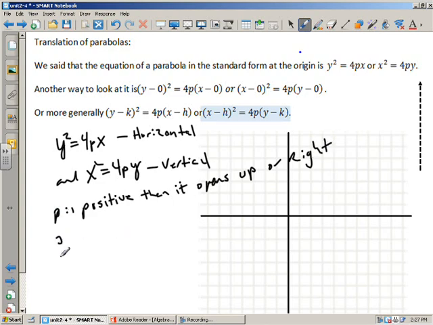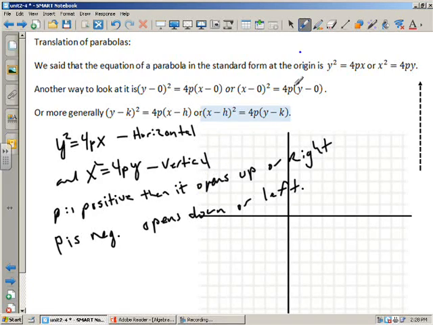If p is negative, it opens down or left. Okay, now I'll get into explaining a little bit more about this as we go on.